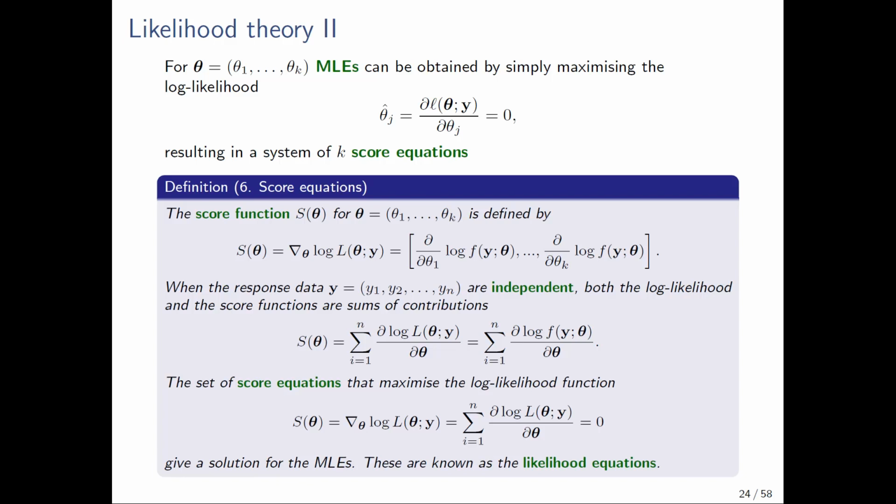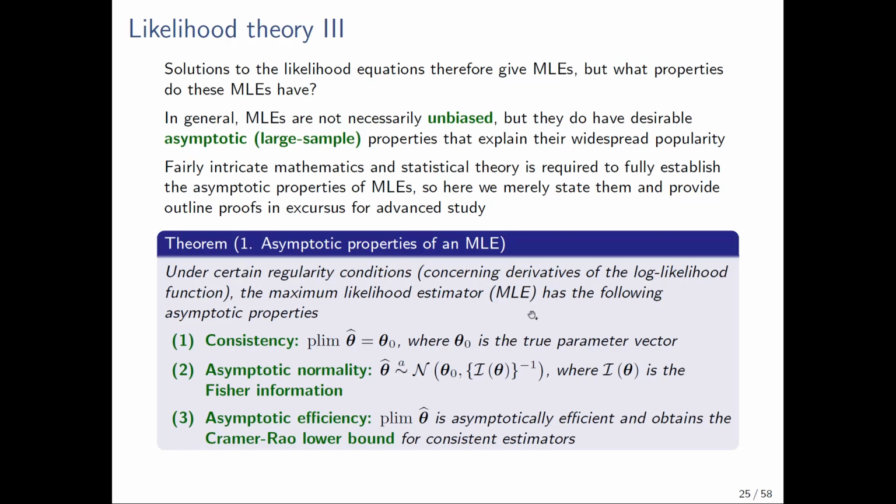We'll take the log of the exponential family density, differentiate it, set equal to 0, and then solve those equations. So it's as simple as that. Solutions to the likelihood equations give us maximum likelihood estimates. But the question we might want to ask is, what property do these maximum likelihood estimates have?